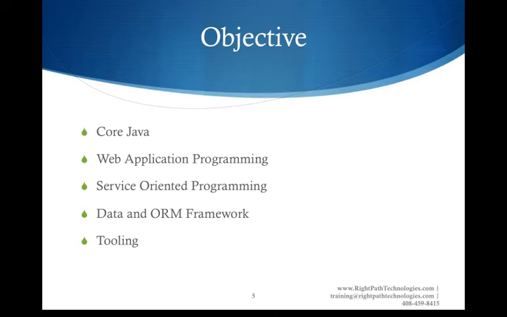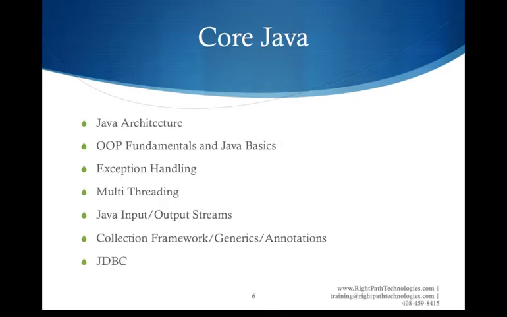So let's take a little more insight into these technologies. What are the low-level concepts we are going to focus on as part of the course? We will start with core Java fundamental concepts, beginning with the Java architecture. What is Java? How does it work?